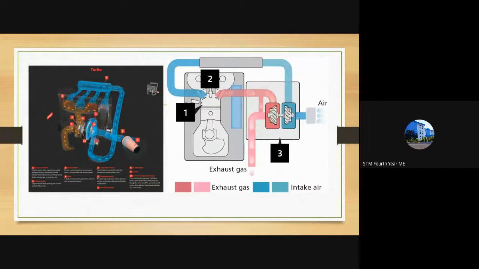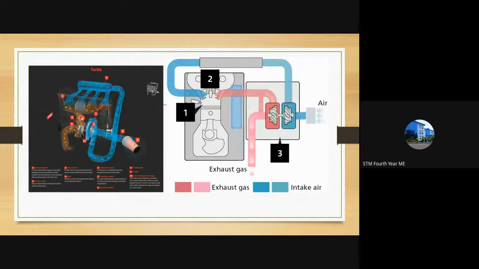So I can show how the turbocharger is working here. You can see there are four cylinders, and from these four cylinders, exhaust is collected and passed to the turbine. This is the turbine portion of the engine. You can see that at a time only one exhaust is coming out.